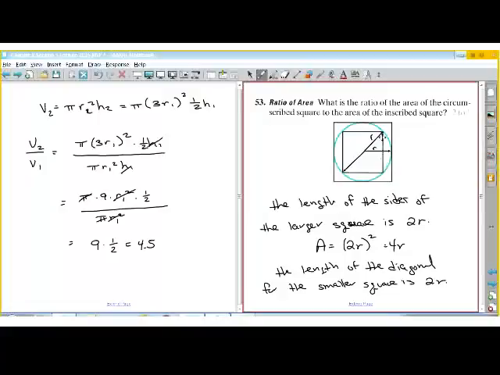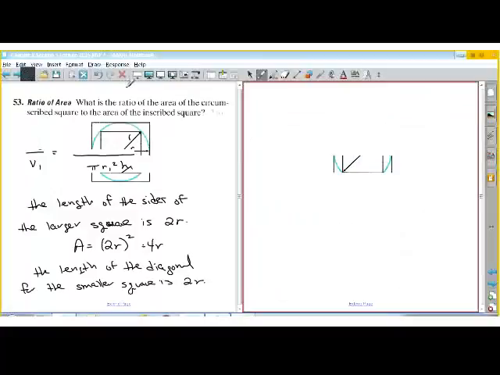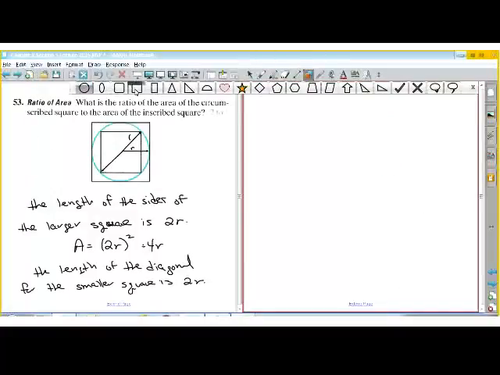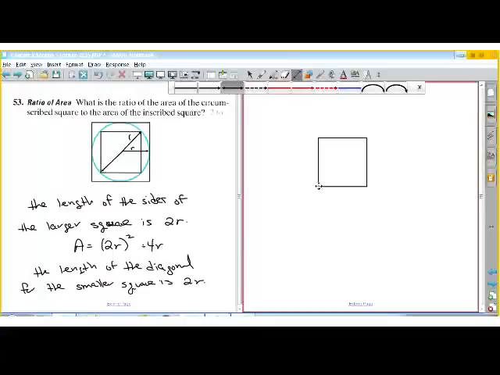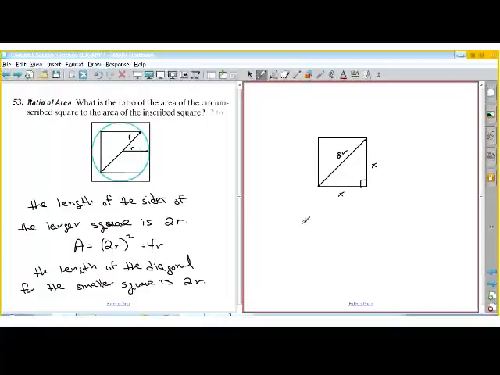So what I need is to figure out the area based on the fact that this is 2r. Well, to figure out the area of a square, you need to know what the lengths of each side are. So let's draw a version of that square over here to the right. The distance from here to here is 2r. And what it creates is a right triangle. Each one of the sides I'm going to call x.